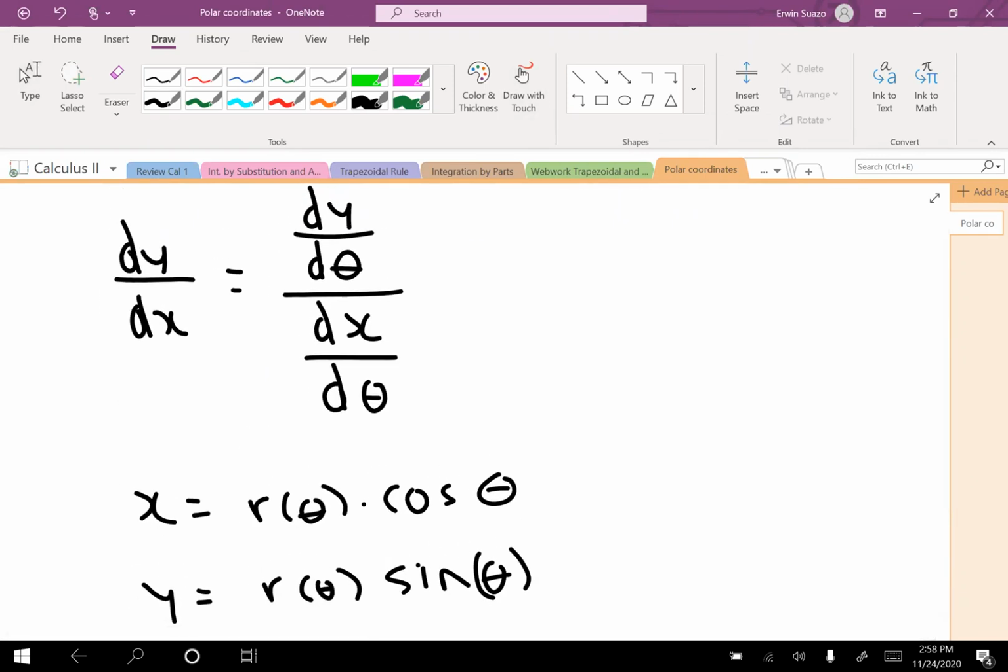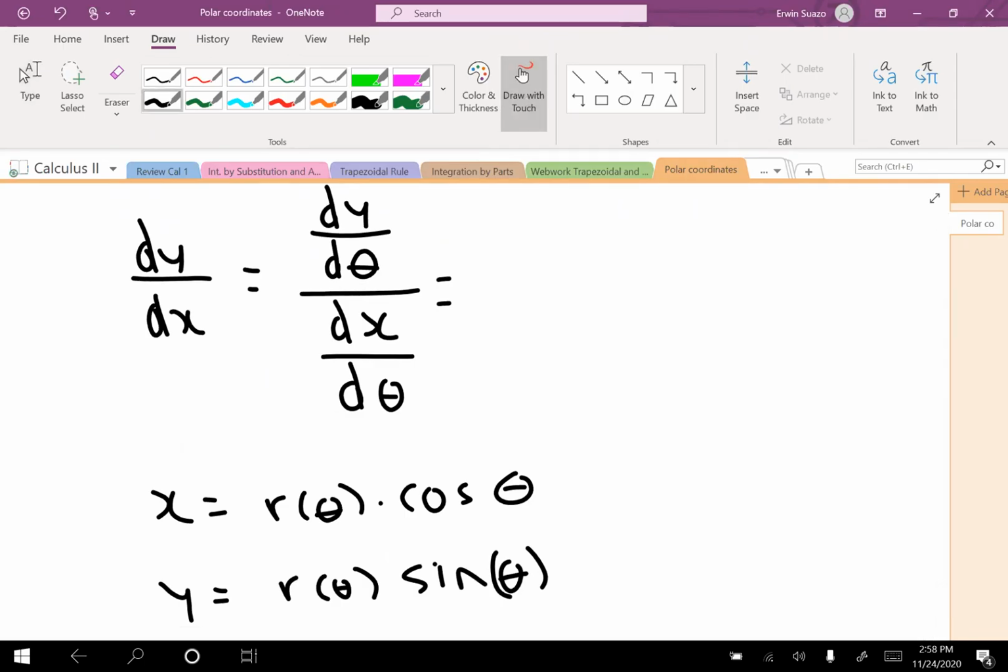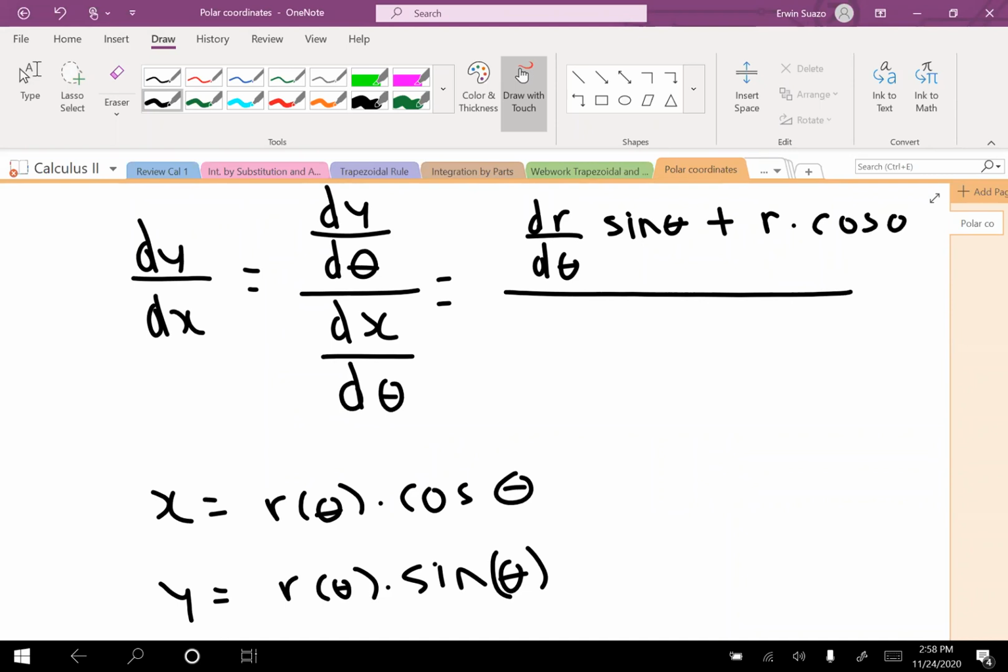So what is dy/d theta? The derivative of that is the product rule. So it's the derivative of the first one, dr/d theta, times the second one without derivative, plus the first one without derivative times the derivative of the second one. The derivative of sine is cosine of theta. And then for dx, same thing, because it's product rule, right?